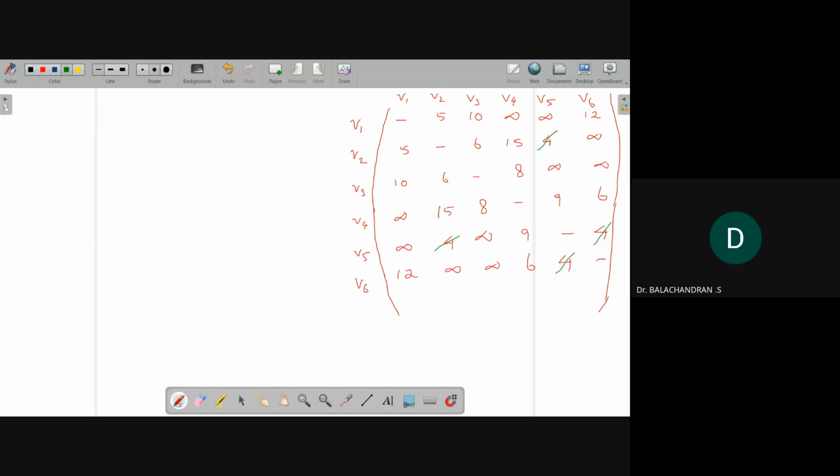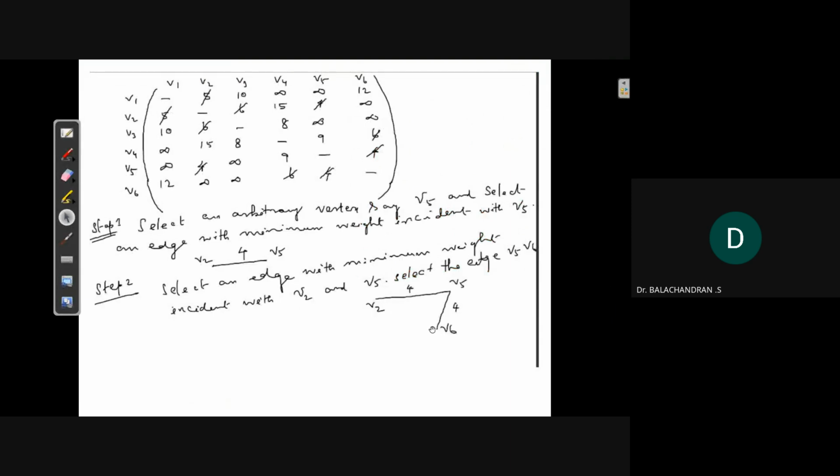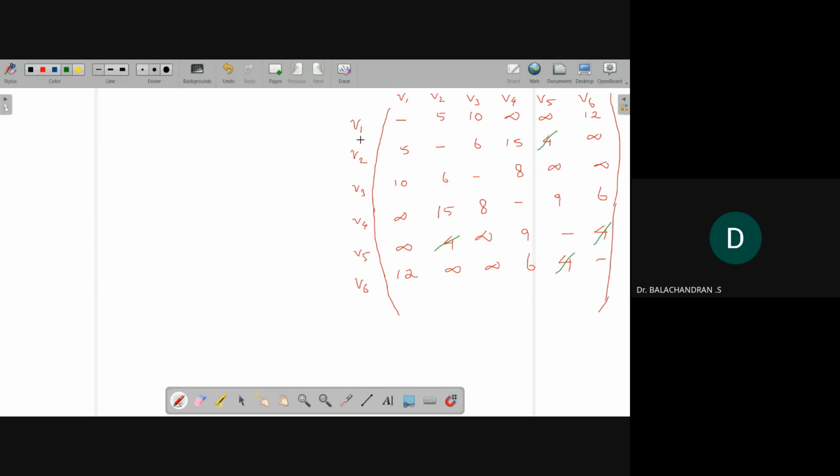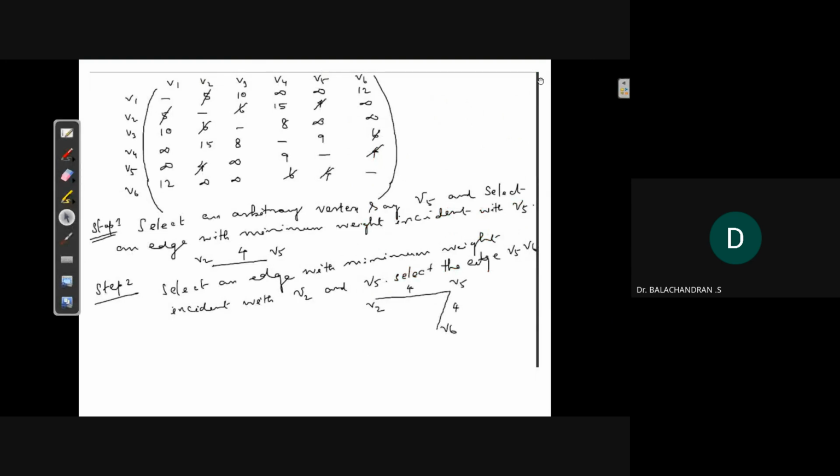Now out of these three vertices, V2, V5, V6, which is minimum? In the V2 row, V5 row, and V6 row, 5 is the minimum, so we can choose V2, V1.